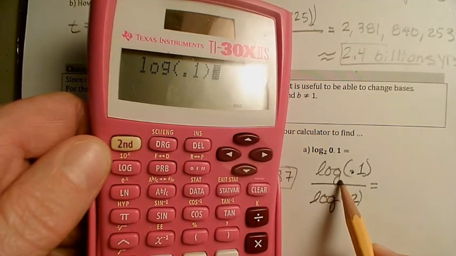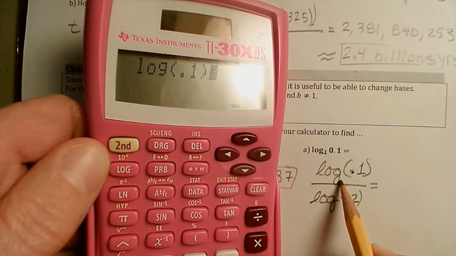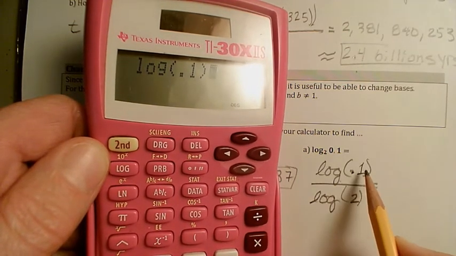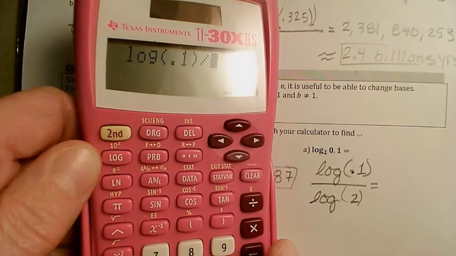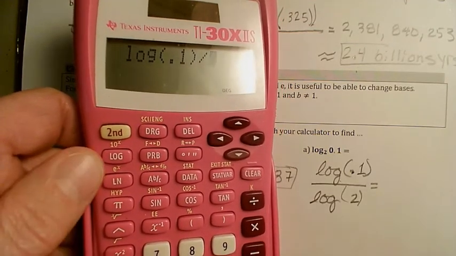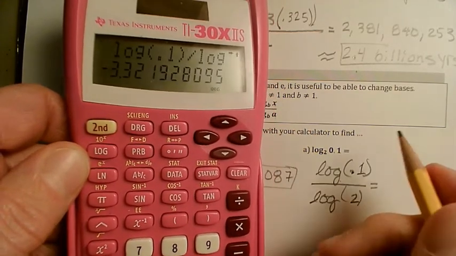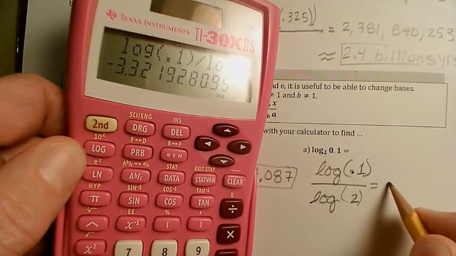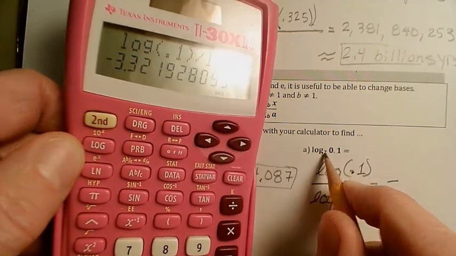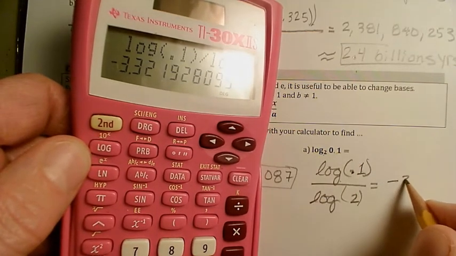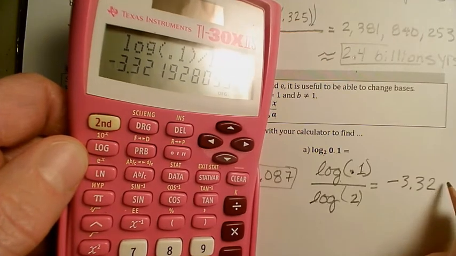Log base 10, that would be a -1, right? Because 10 raised to the -1 is 1 over 10, which is 0.1. So we could have done that one without using our calculators, but divided by log of 2, we get something like negative, and it makes sense that it's negative because this is a little smaller than the base, 3.32. Let's round it to 2 decimal places.